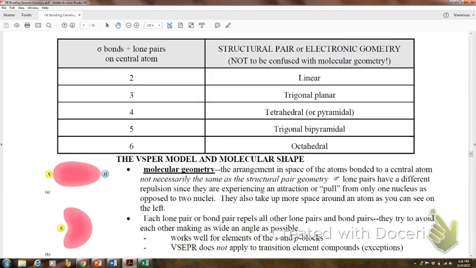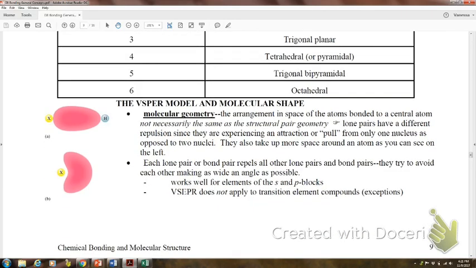So here we have the molecular VSEPR model and shape. It's the arrangement of the atoms bonded to the central atom, so it's not necessarily a structural pair. Lone pairs, we said, have different repulsions because of electron-electron repulsion, so they actually take up a little bit of space.